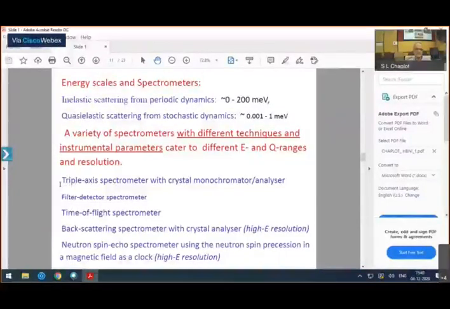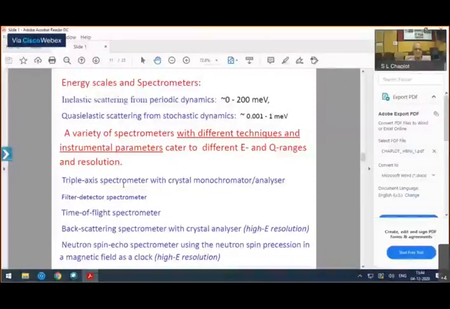The most important one, which started way back in the 1950s, is the so-called triple-axis spectrometer. This is something like you have a double or triple monochromator in Raman scattering. So you have an incident beam of laser photons, and you do the energy analysis.